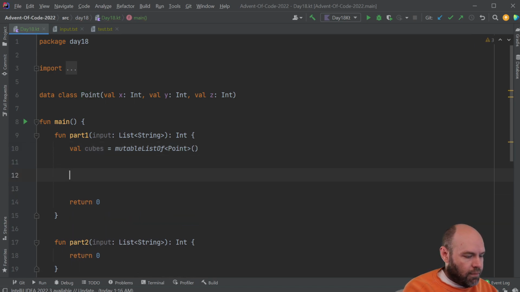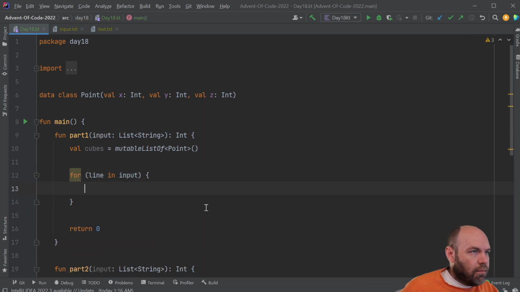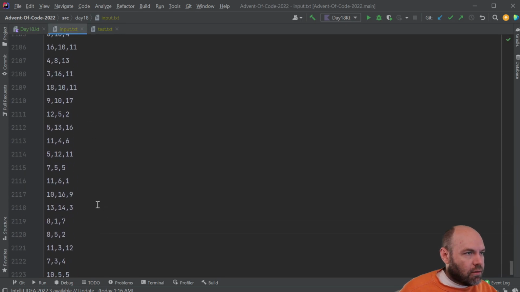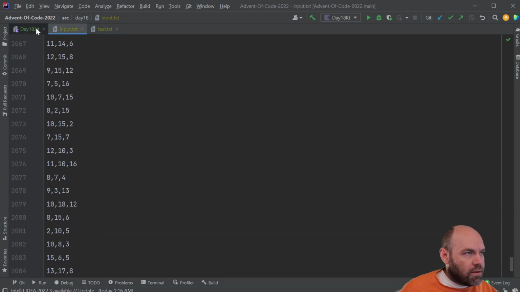And then for the input, this is easy enough. For line in input, each one of these is going to look like this. I mean, these are larger in here, but they're all still numbers, so no big deal.